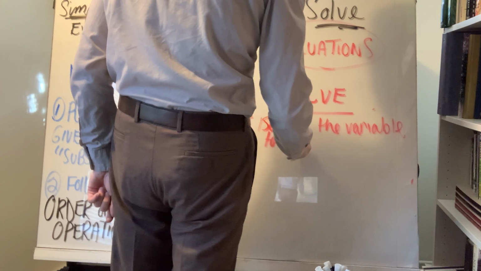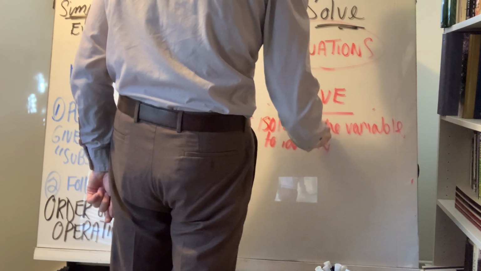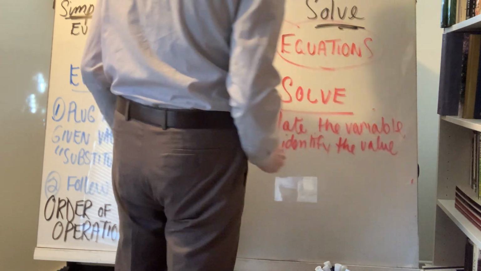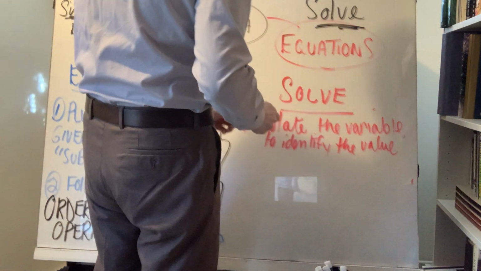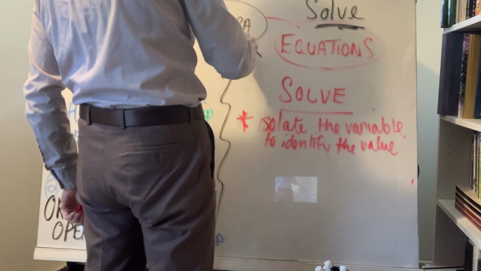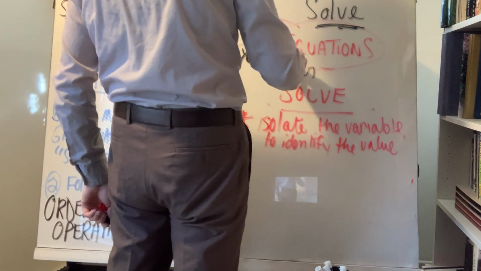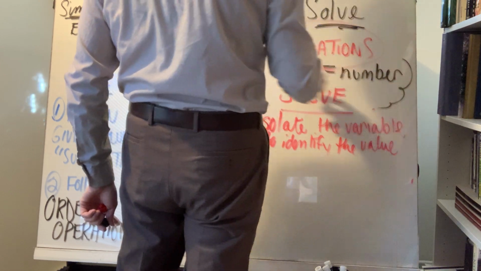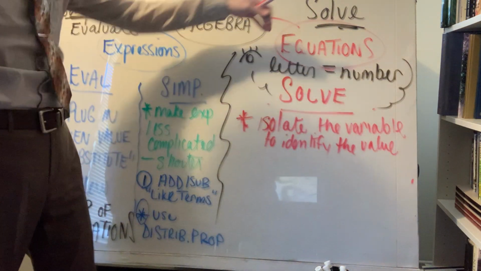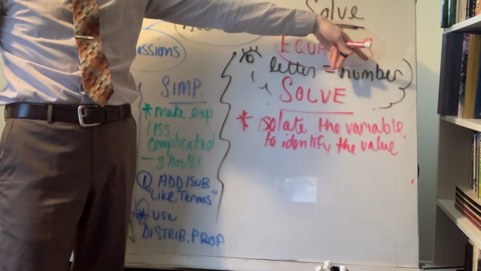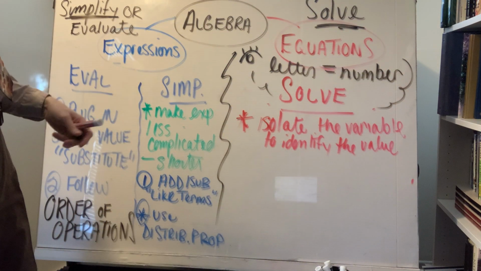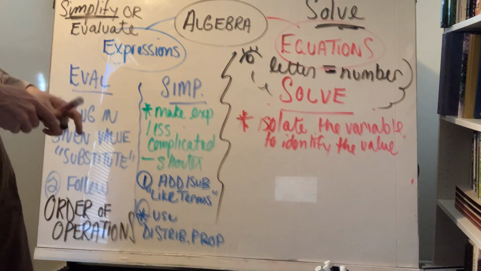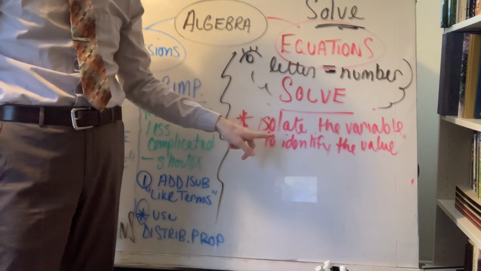To identify the value. If you want to think of it as a model, it's basically you want this. You want letter equals number, essentially. One letter, an equals sign, and then one number. That doesn't always happen, but that's the ideal situation. Anyhow, in technical jargon, you want to isolate the variable.